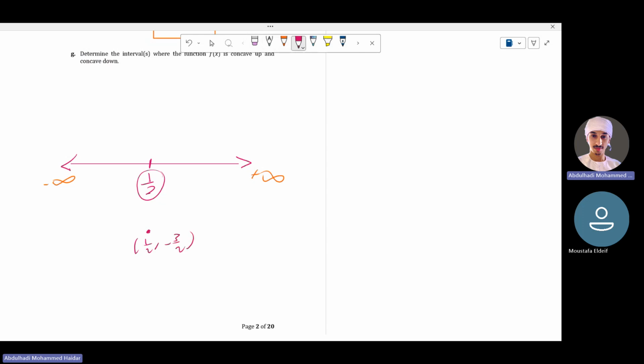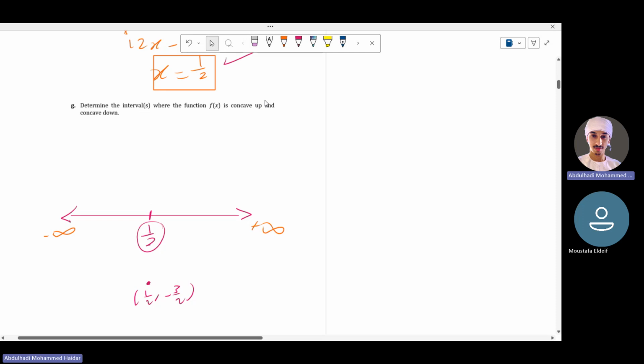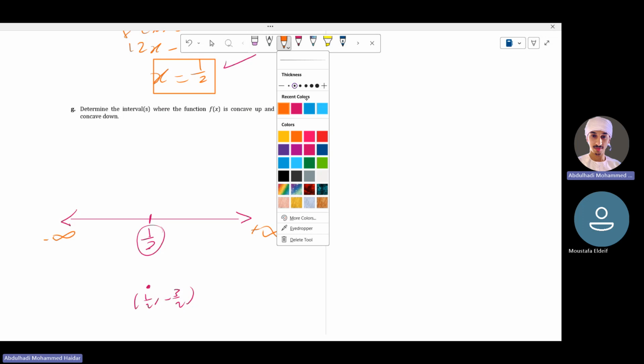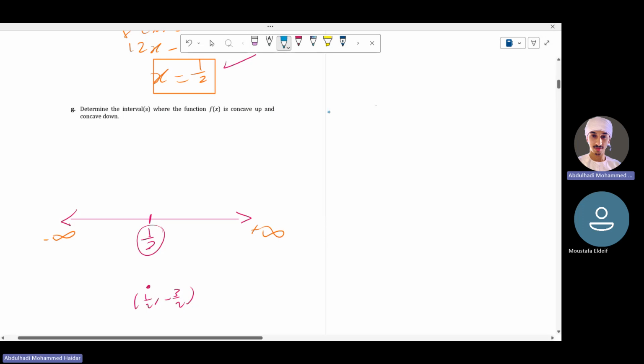Okay, now just put the signs. How can you put the signs? Since it is a graph for inflection points, to determine the signs, take any test point. I want to put a sign here, so take any test point between minus infinity and 1/2. Any point, like -3, -5, 0.